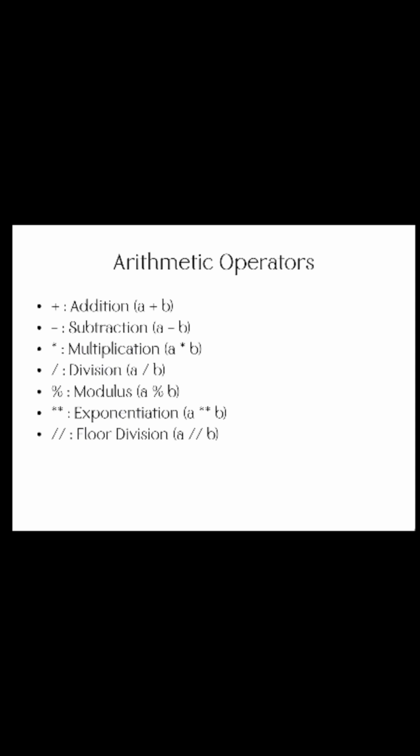Exponentiation, like A star star B, is represented by two stars in the middle. If the value of A is 3 and the value of B is 2, then we have to do 3 squared, that is, the value will be 9. In the same way, floor division.